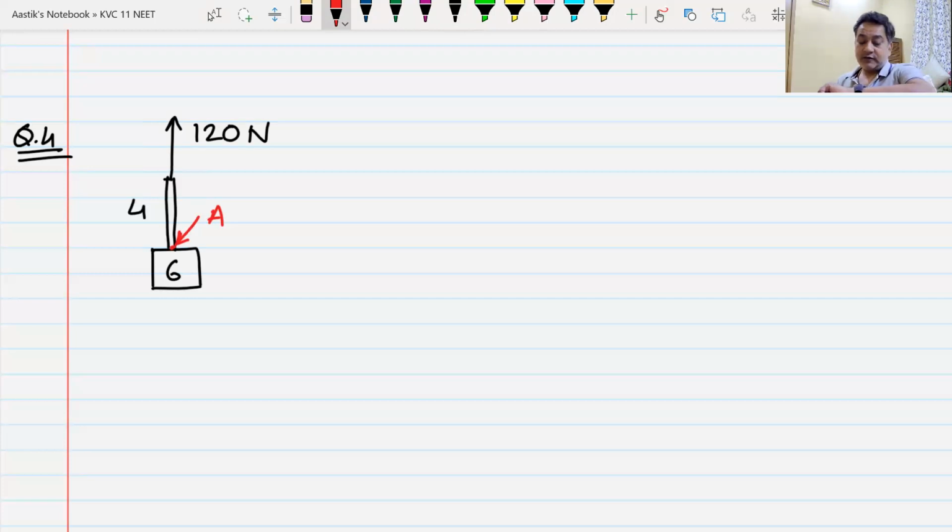You have a block of mass 6 kg, rope of mass 4 kg. You have to tell me the acceleration of the system, and you have 2 minutes to do this.